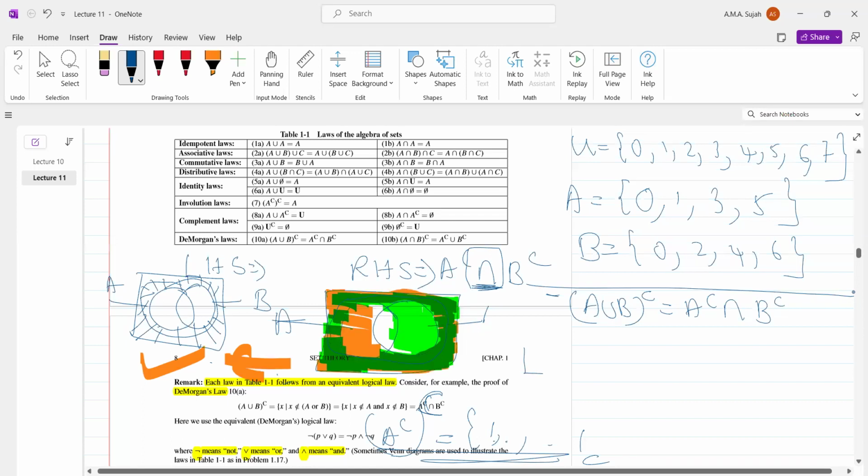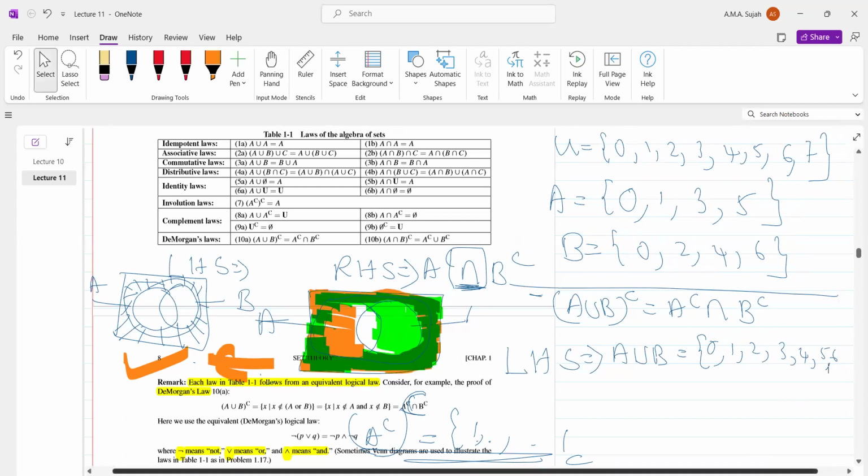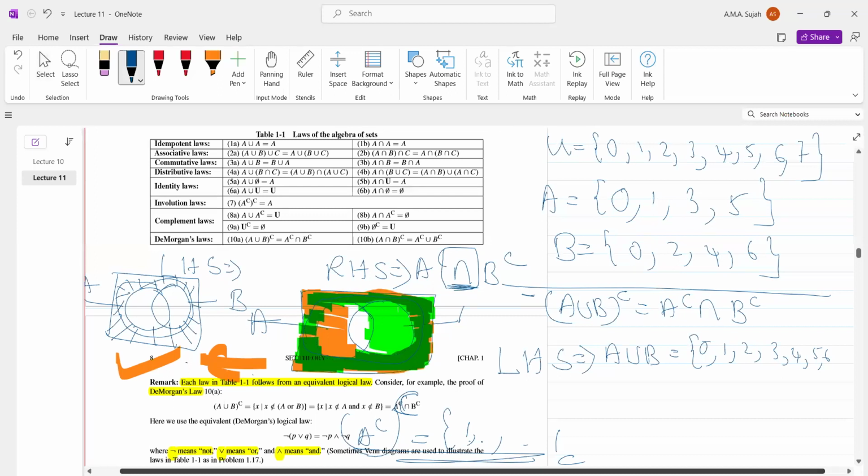Right, now I take the left hand side. So now tell me, what is A union B? A union B is 0, 1, 2, 3, 4, 5, 6. These are the elements for A union B. Did you get my point?